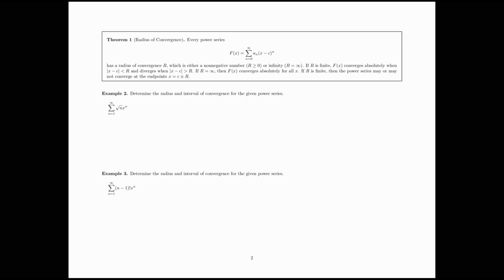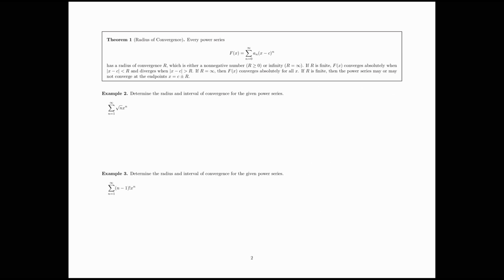And then it would diverge if we are more than that value away. What actually happens at the endpoints? So the center of our power series plus the radius of convergence or minus the radius of convergence, that will depend on the form the series takes when you substitute in those values.